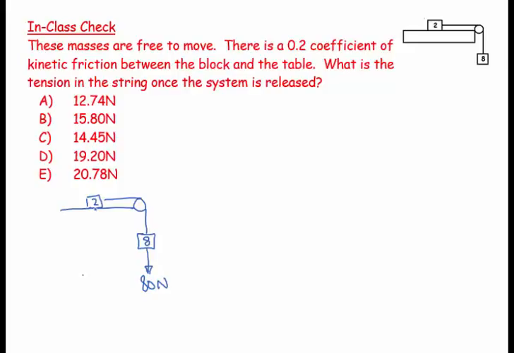This is 2, which means we have a 20 Newton weight, and there's also going to be an Fn, which is going to be equal and opposite. And there is friction, so it's going to be a frictional force, Ff.